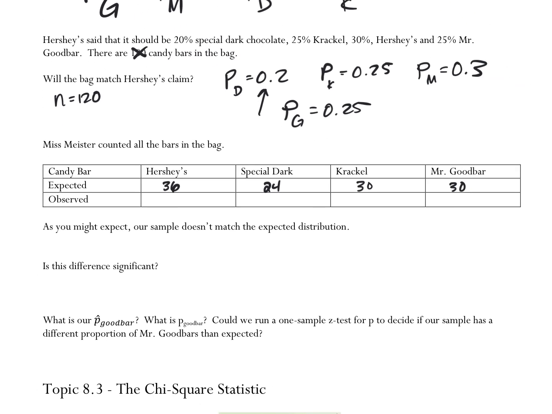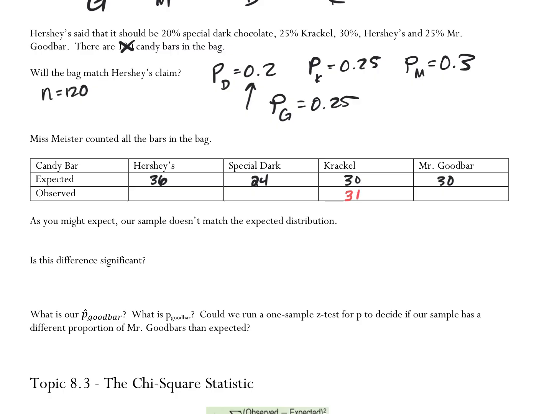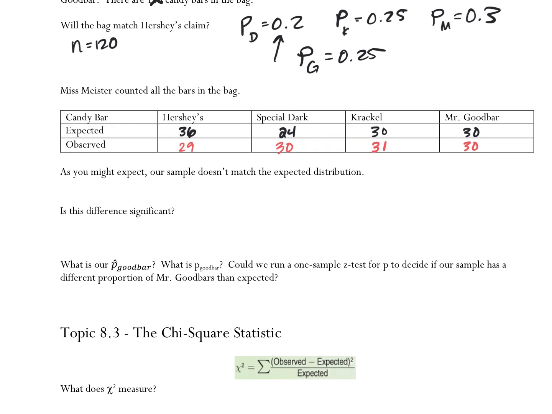Gotta look at my cheat sheet. Everybody good?